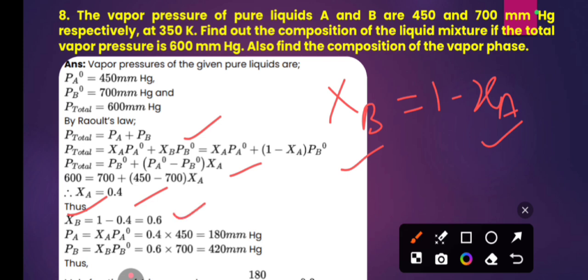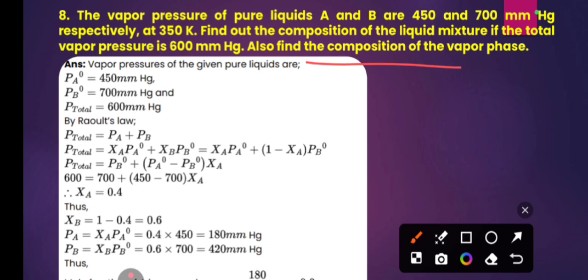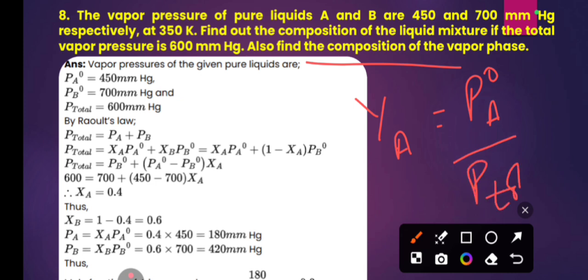This is the answer. Now in the next term it is asked to find the composition in vapor phase also. So what is the formula for that? YA is equal to PA divided by P total. By using this formula you can solve this part also.